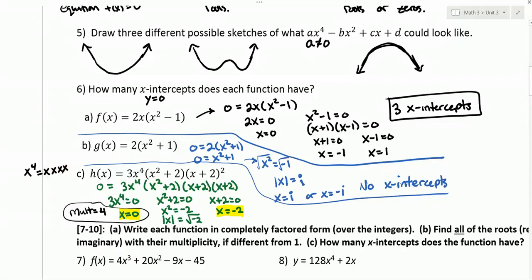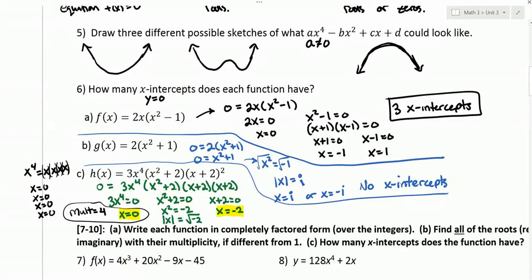So we really could have viewed this as 4 different factors, each one x, and set each x equal to 0. So we get x equals 0 4 times. And so multiplicity just is talking about repeating the same factor.